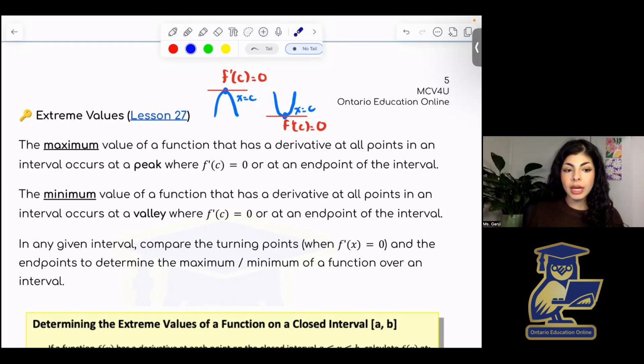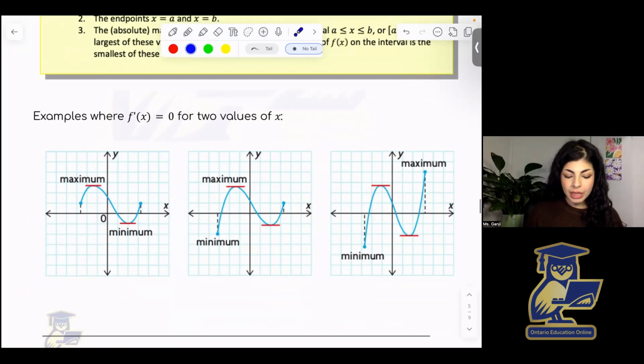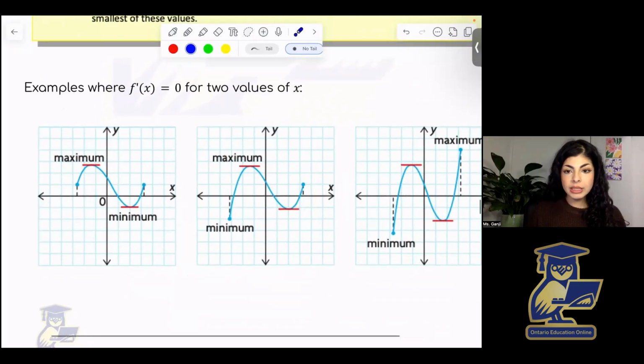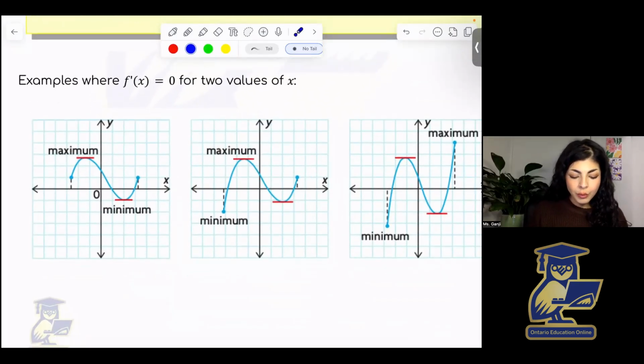Before I show you the algorithm for how we do that, I'm just going to show you the graphs for what that might look like and why we have to consider the endpoints as well. For example, in this function here, we have that maximum, we have that minimum, and we compare our endpoints, and we see that this is actually our true maximum on this interval, and this is our minimum.